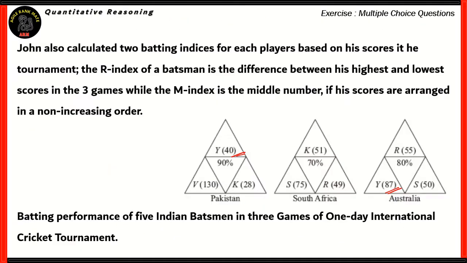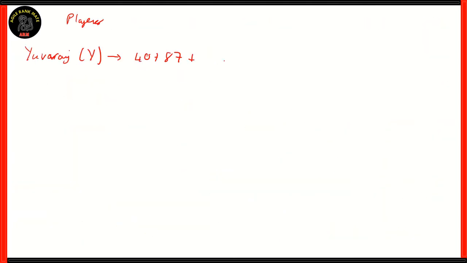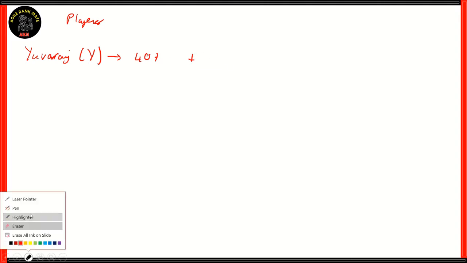Now, we are not sure if he had scored runs against South Africa because he's not present in the top 3 scores. So therefore, we're going to write South Africa as a placeholder to make sure that he scored runs against South Africa. When we're writing down the scores, let's make sure it's written in the order that they are.